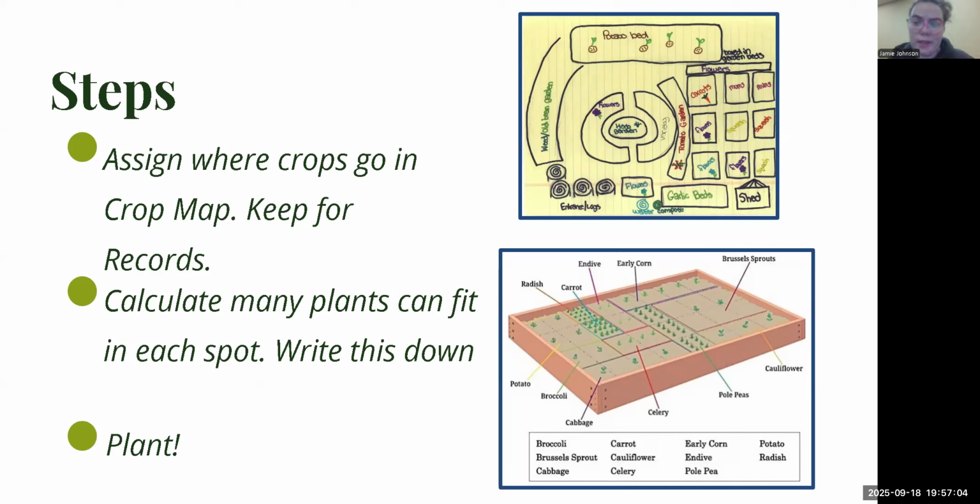And take notes after you make this about how the crop worked out. Once you decide you want potatoes in this bed, carrots in that bed, lettuce in that bed, you're going to calculate how many plants can fit in that spot and also write that down. And then you're going to plant things.